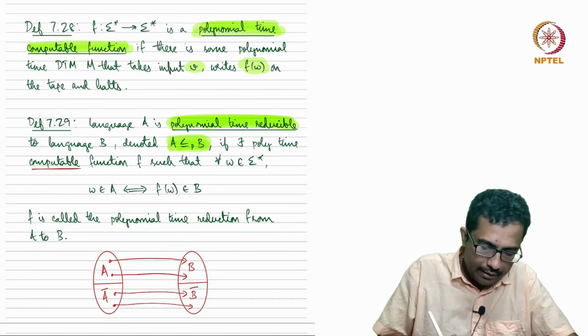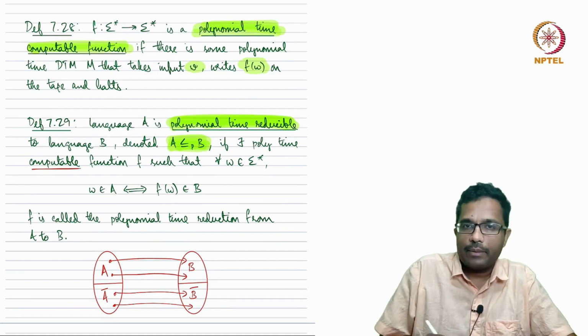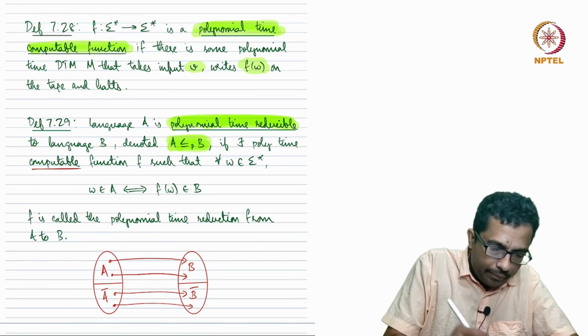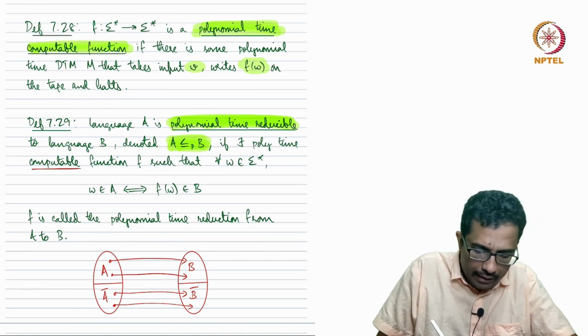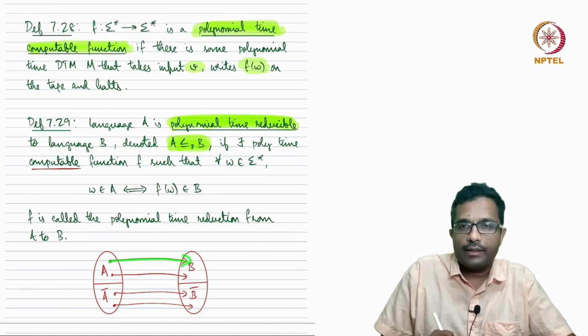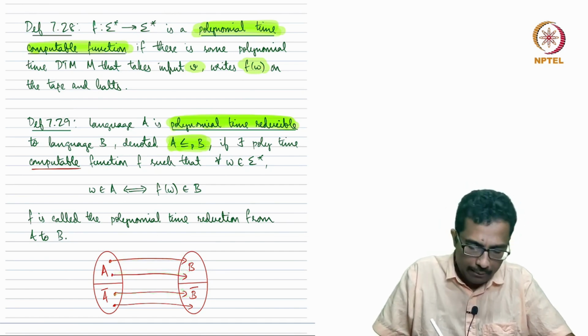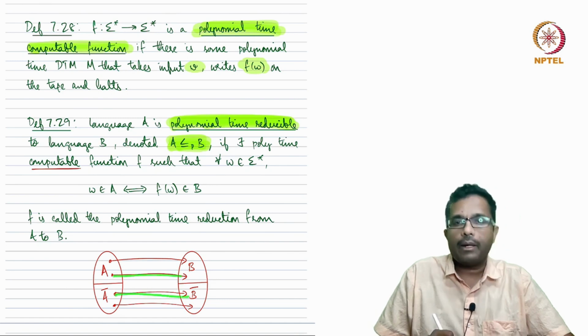Suppose the function is from sigma star to sigma star, and any w that is in A gets mapped to some w that is in B, and any w that is not in A gets mapped to some w that is not in B. So A maps to B and A complement maps to B complement.